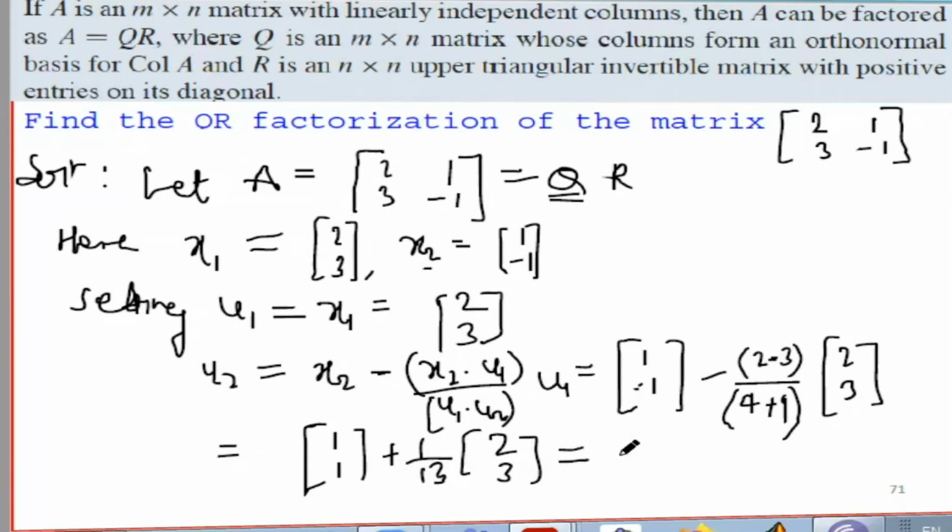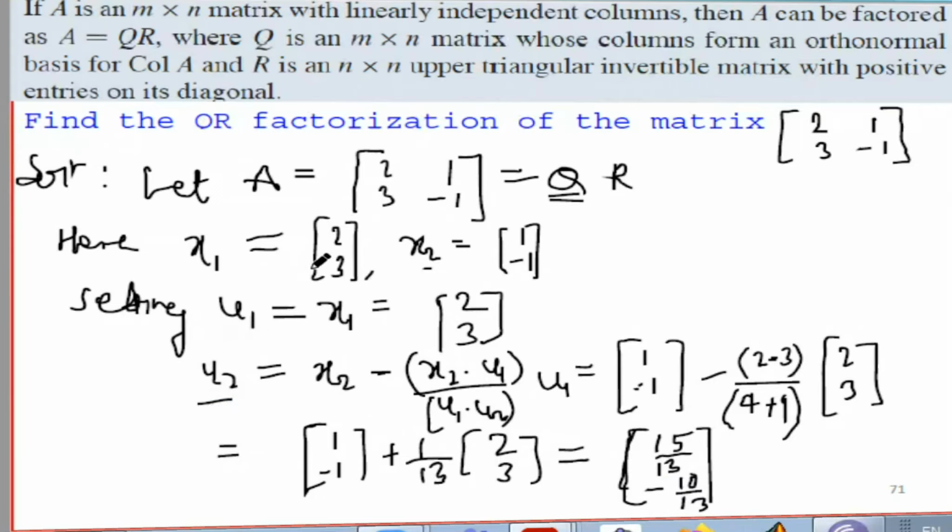That is 2 by 13 plus 1, which is 15 by 13, and 3 by 13 minus 1, which is minus 10 by 13. This is u2. This u1 and u2 are an orthogonal basis for the column space of A.